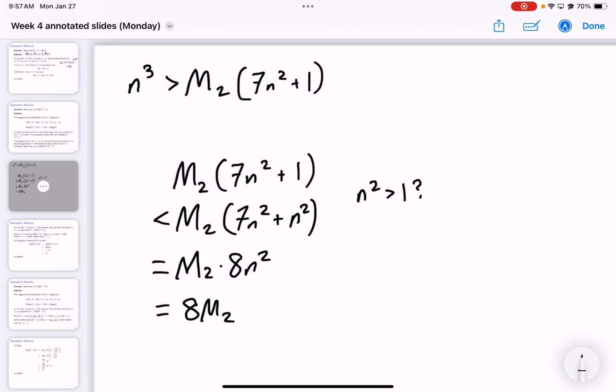So now we have the expression 8 m2 n squared. That is less than m2 times 7n squared plus 1. So if we can show that that is less than the original big side, n to the power of 3, then we've shown that the entire inequality is true.